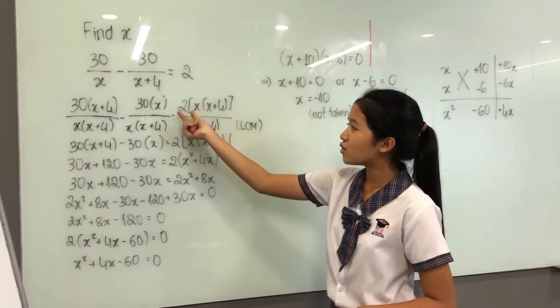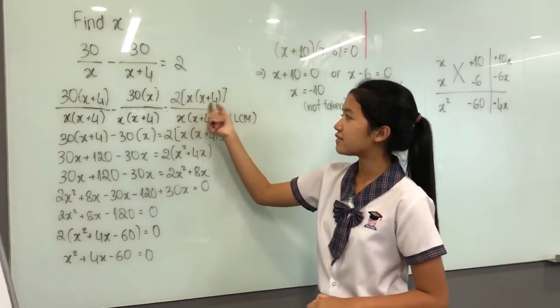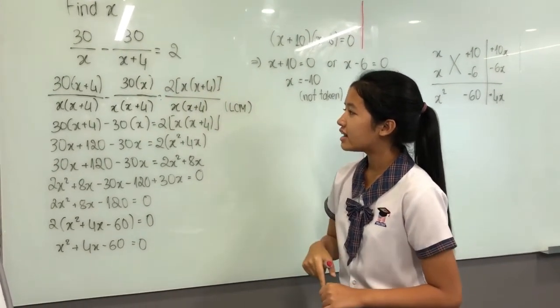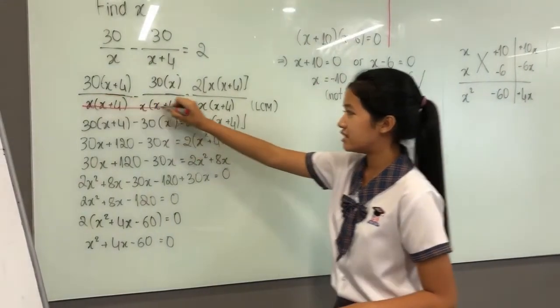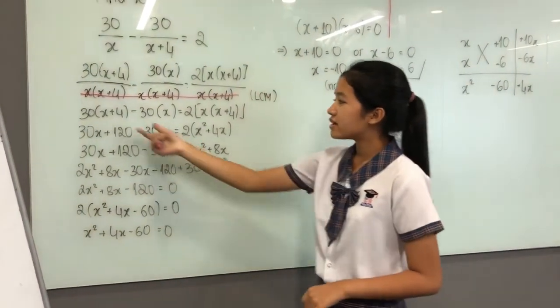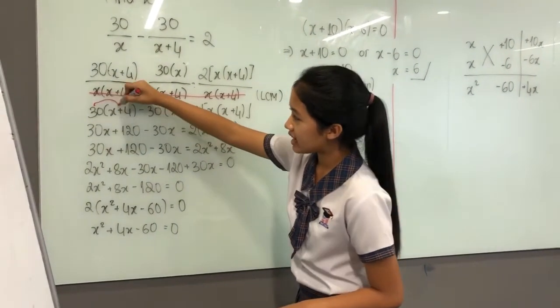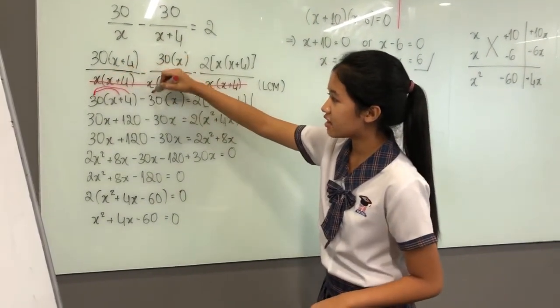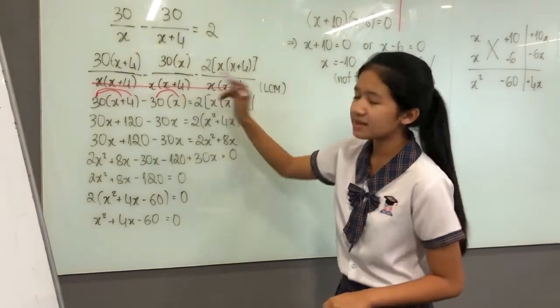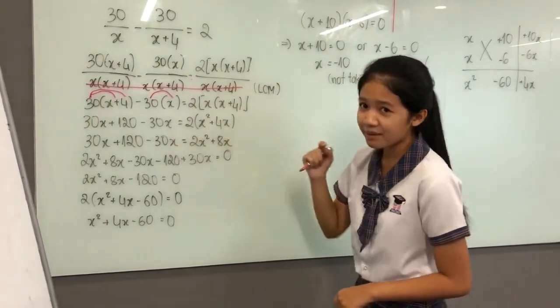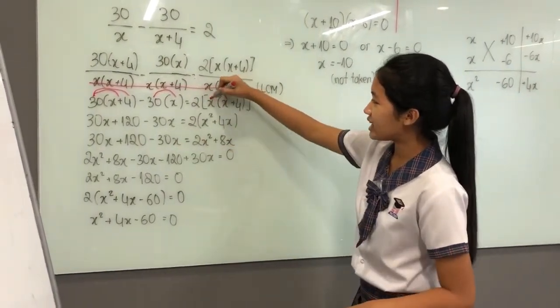So we get 2 multiplied by x times x plus 4, and then we need to erase the denominator part. Then we will get this answer, and then we can eliminate the brackets by multiplying.